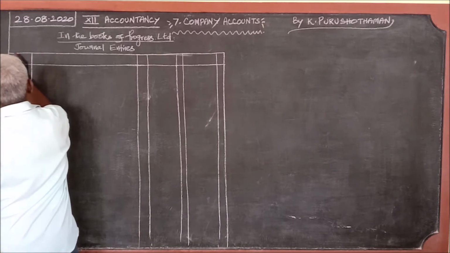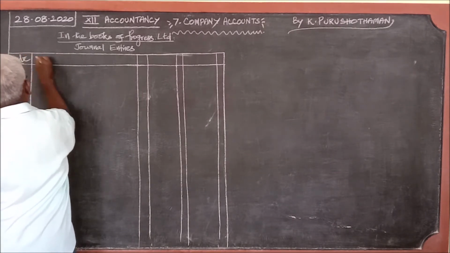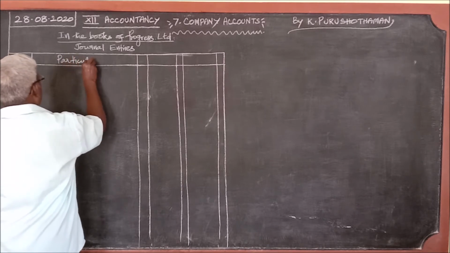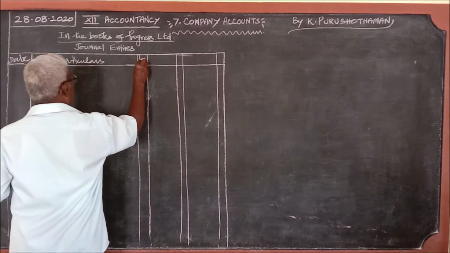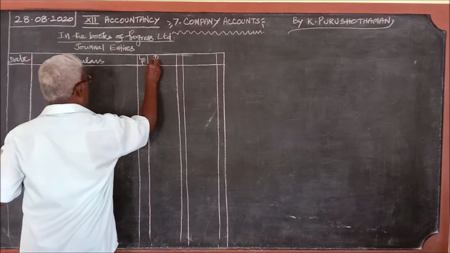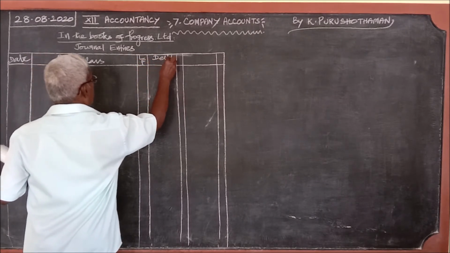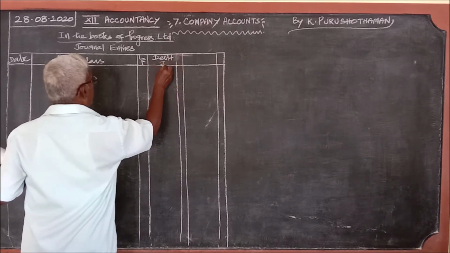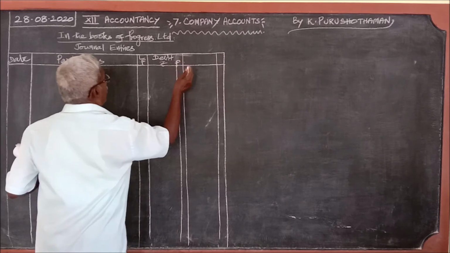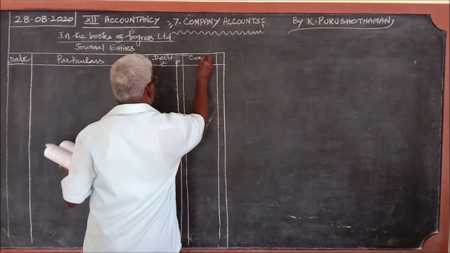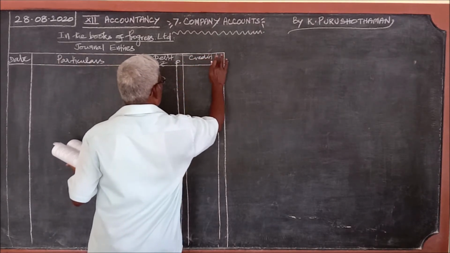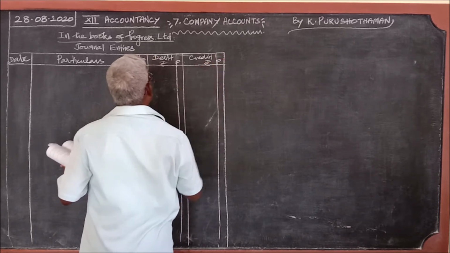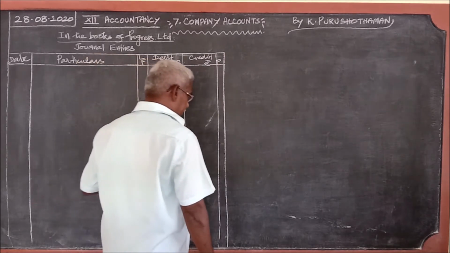This you have seen already in 11th standard itself. Anyhow, I remind you: date, particulars, ledger folio, debit rupees, and credit rupees. Okay, this is the column.